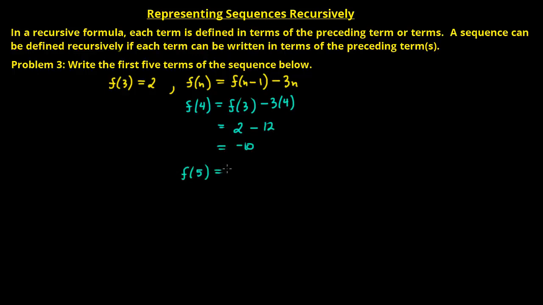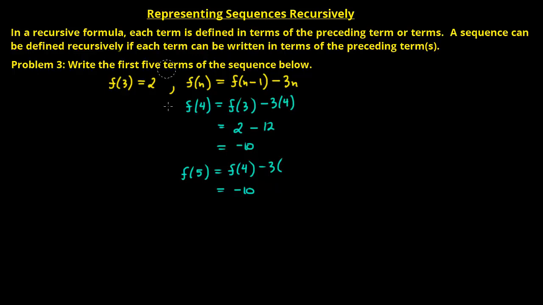Now, f of 5 is just going to be equal to f of 4 minus 3 times... n is not minus 10. n is going to be 5 here.